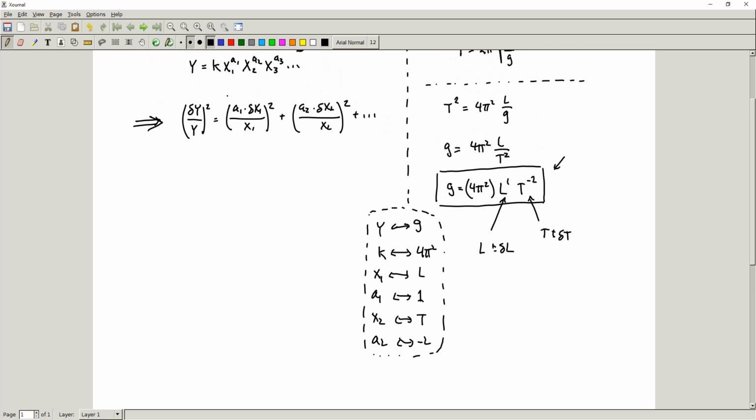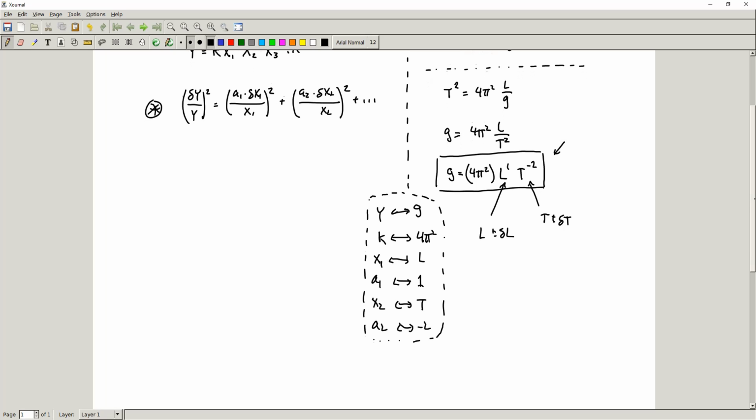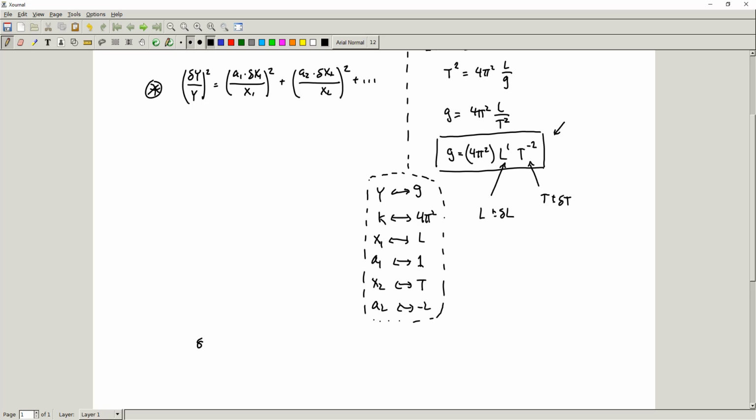Okay, so I'm just going to copy down this star expression up here in terms of the variables that we've just defined on the right. We're going to end up having delta G over G squared equal to, well, what's A1?